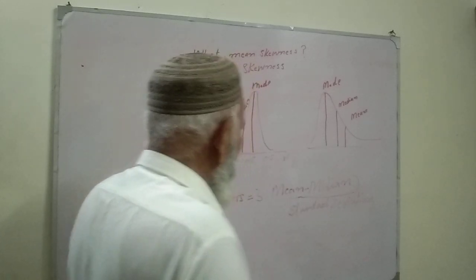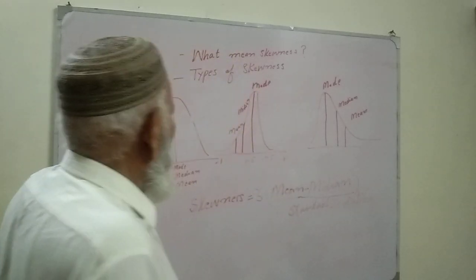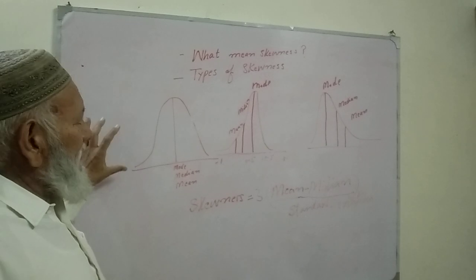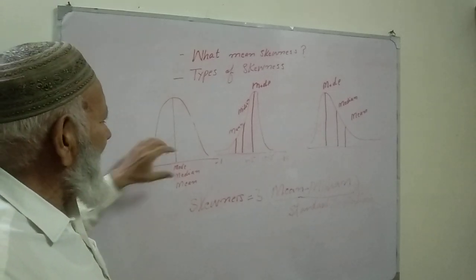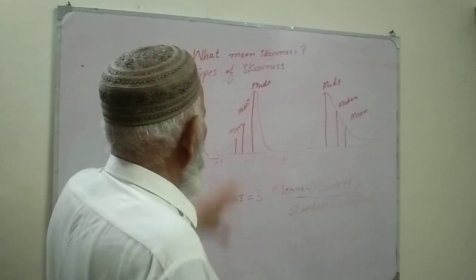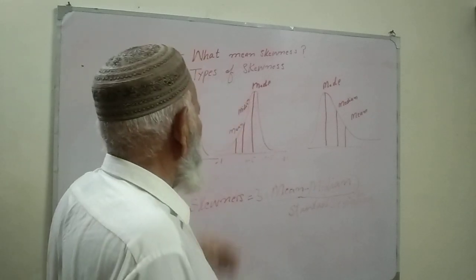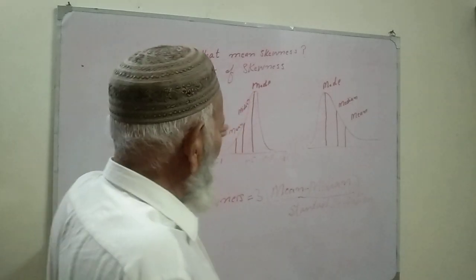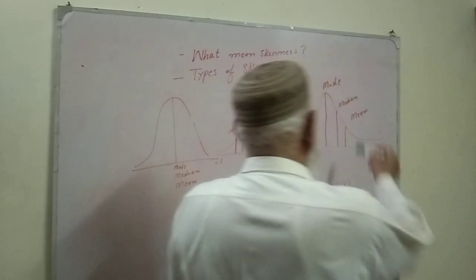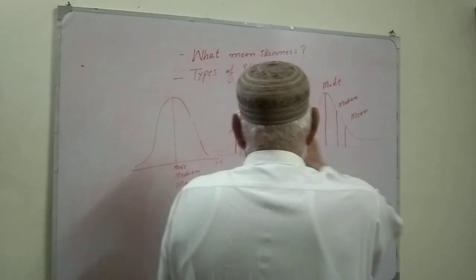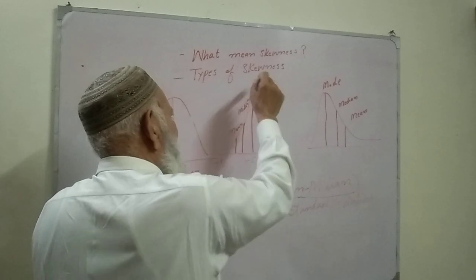Now you are clear how to show different models. This is the normal distribution model and this is the data that is left side skewed, negative, and here the situation is positively skewed because the mean is greater than median and mode, and there the mean is less than median and mode.